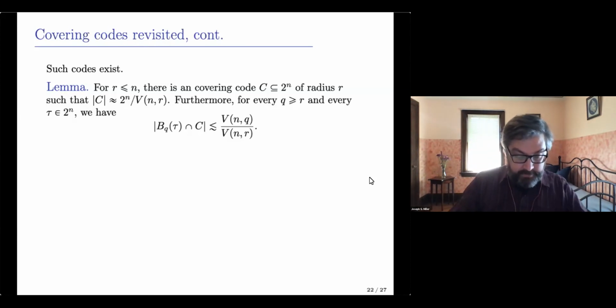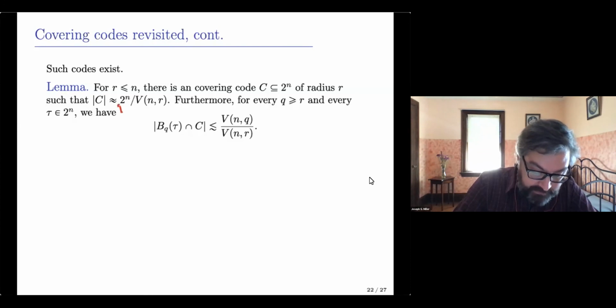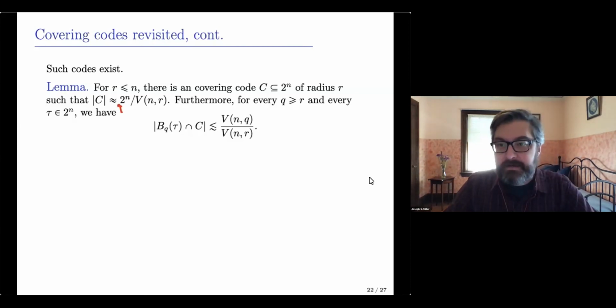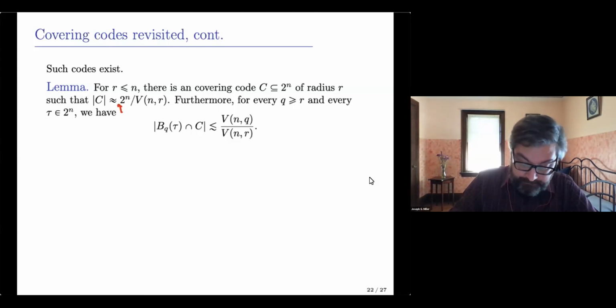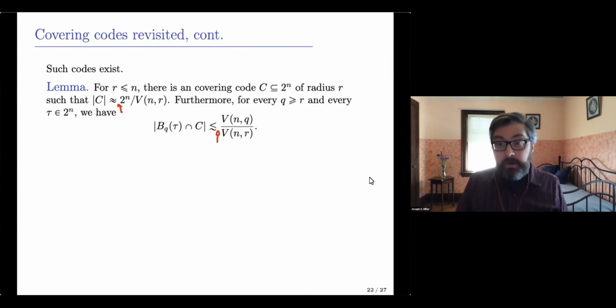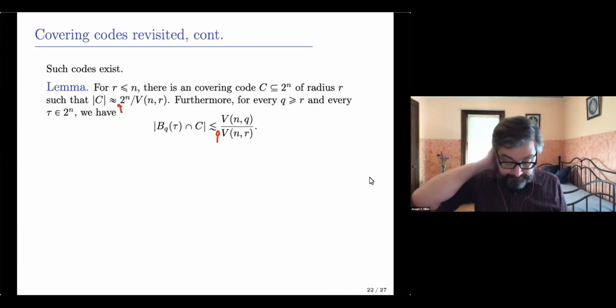Again, there's a linear term there, a little worse than in the Del Start-Perret result. But again, these are going to go away when we take logarithms and divide by n.